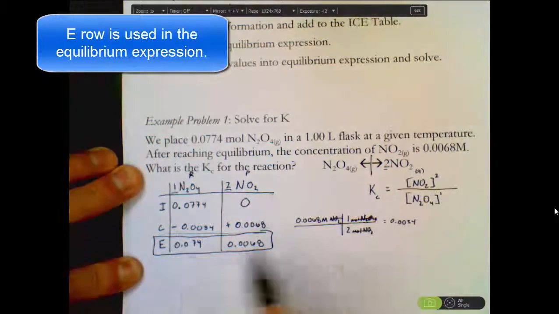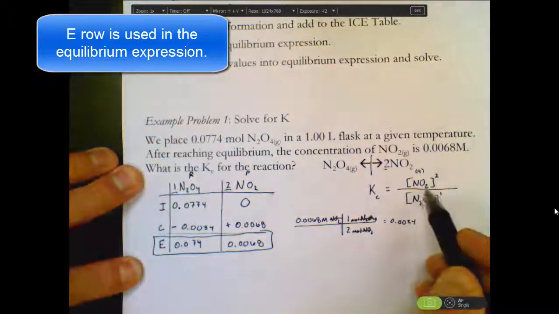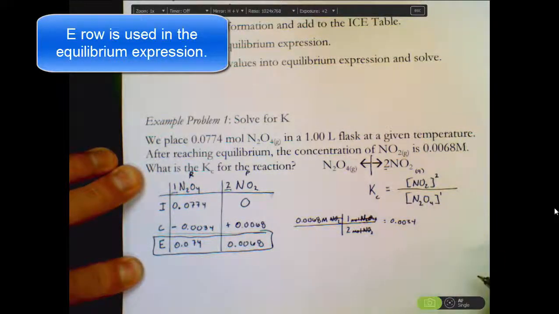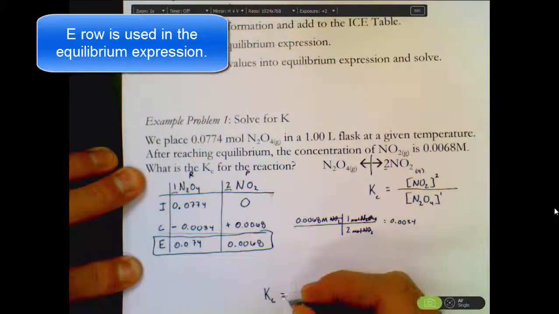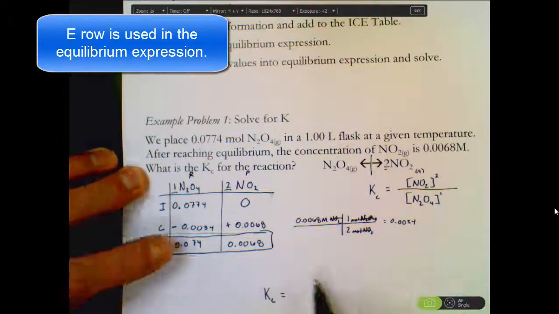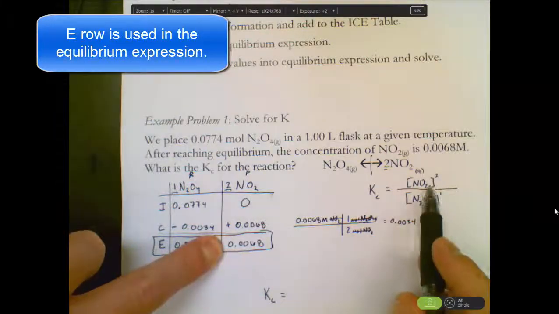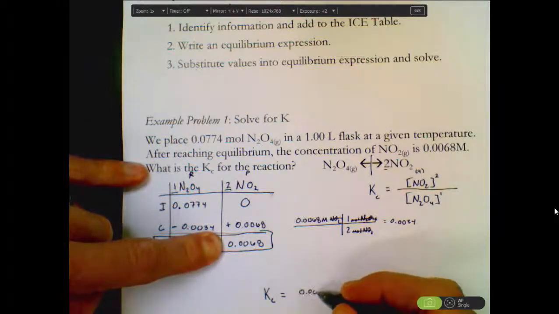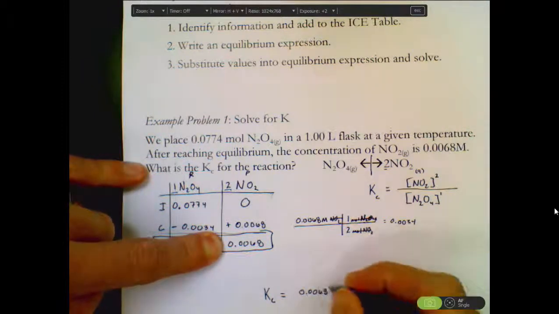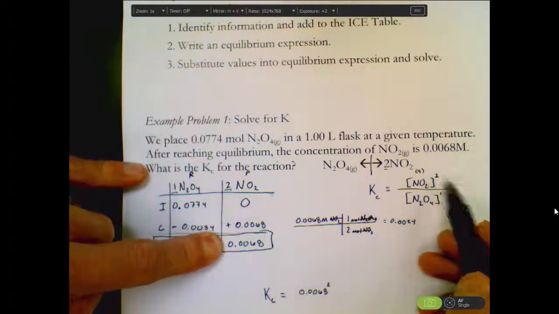Equilibrium expression, equilibrium values. You must have these E values to go into your equilibrium expression. So therefore, K sub C is going to be equal to my NO2, it's going to go on the top, which is 0.0068, and that needs to be squared as it states in my expression.